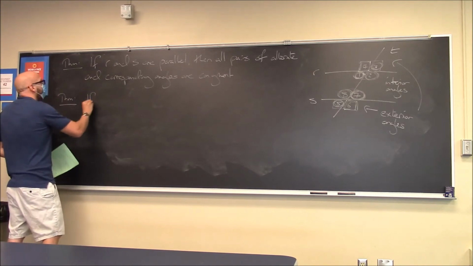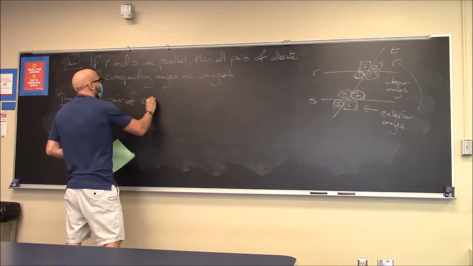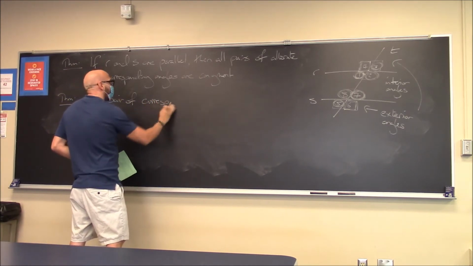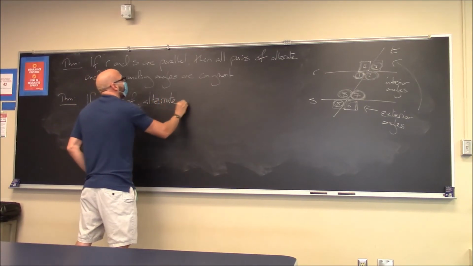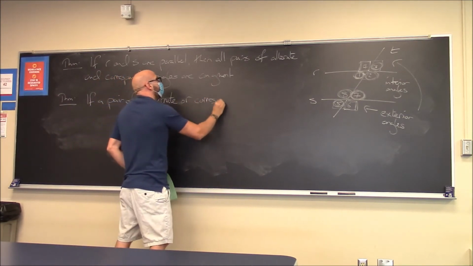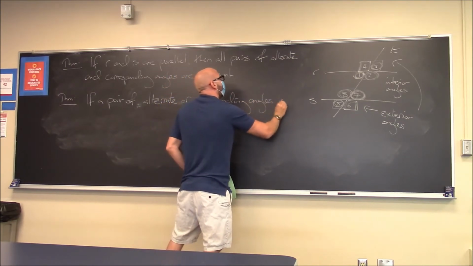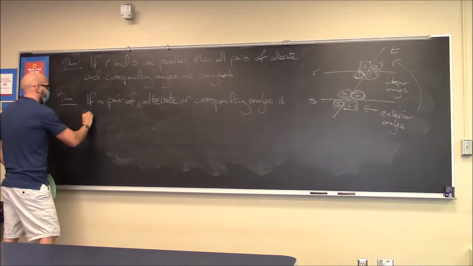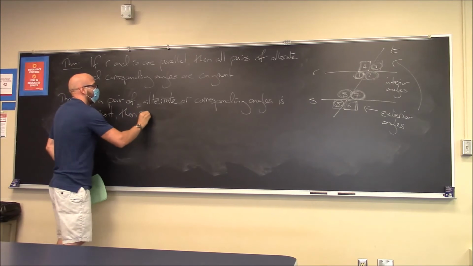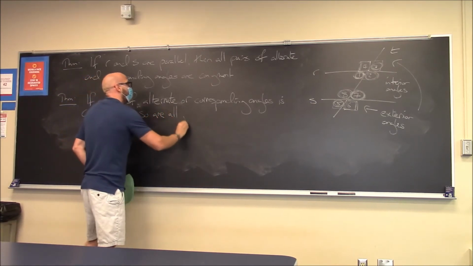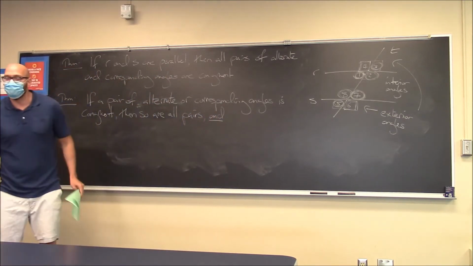So if a pair of alternate or corresponding angles is congruent, then so are all pairs, and R and S are parallel.